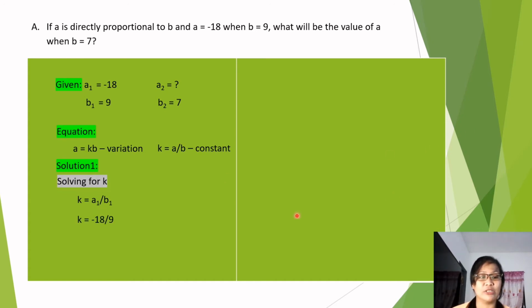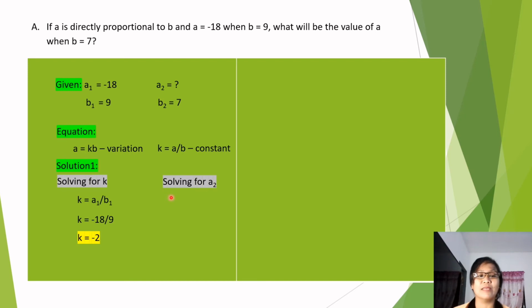And then substitute, k is equal to negative 18 divided by 9. Rules ng dividing unlike sign, negative divided by positive is negative. Therefore, our final answer is negative, and then 18 divided by 9 is 2.